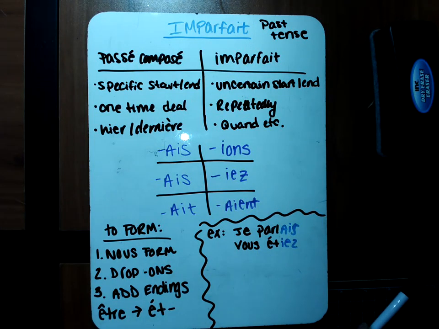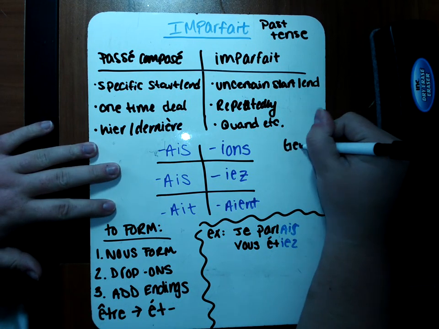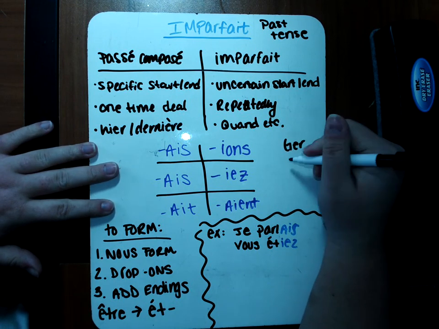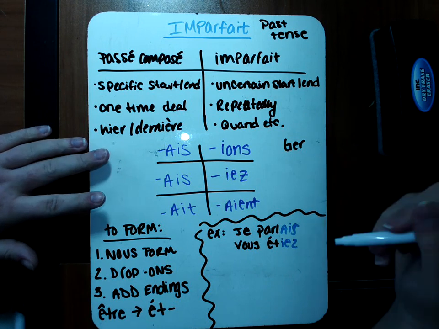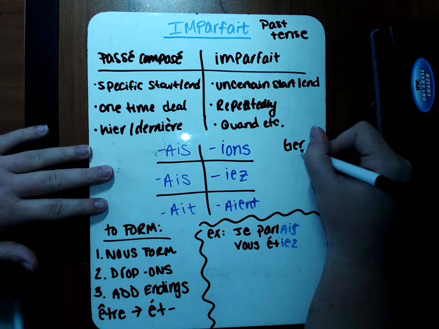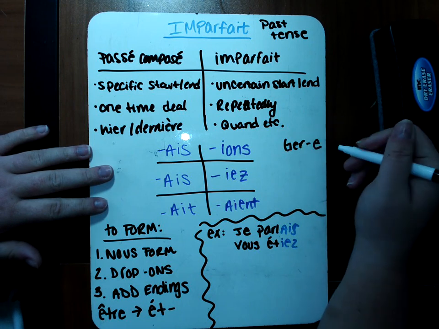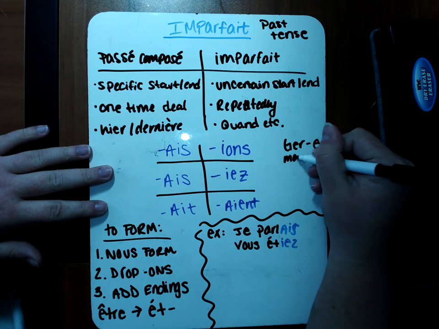So now you're probably thinking, well, madame, what about those verbs that end in GER and CER? So verbs that end in GER, like manger or nager. In GER verbs, in the nous form, they get an E in their ending, like mangeons, right?